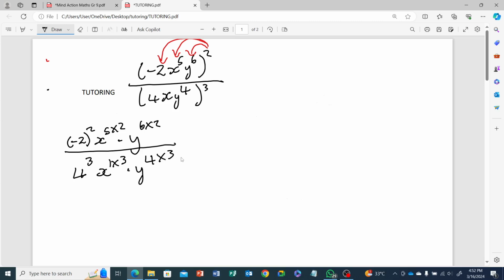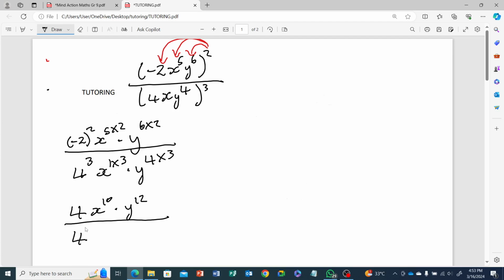Okay, so now how will this look? Let us try to simplify the powers now. So a negative 2 squared will become a 4. Now x to the power of 5 times 2 is x to the power of 10 multiplied by y exponent 6 times 2, which is 12. Then you have 4 cubed. You are not going to change that into a number because we are dealing with exponents.